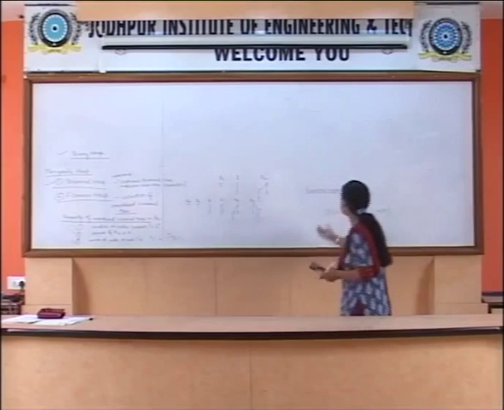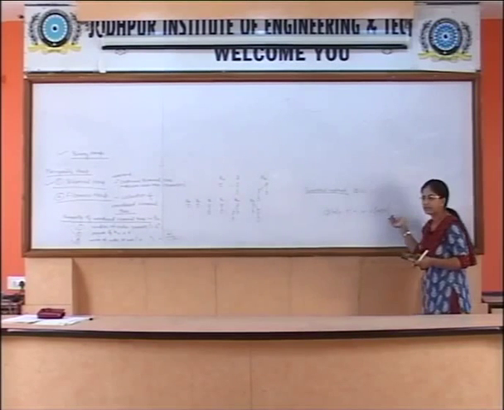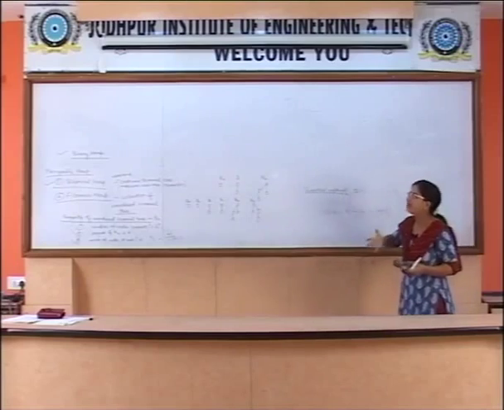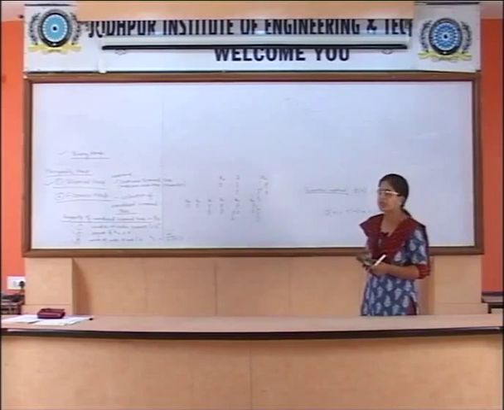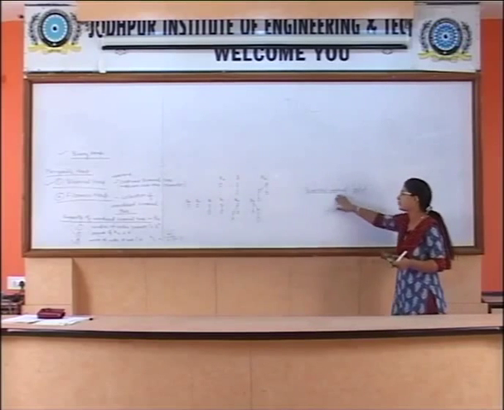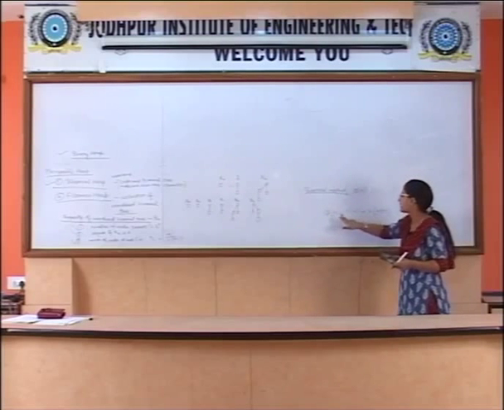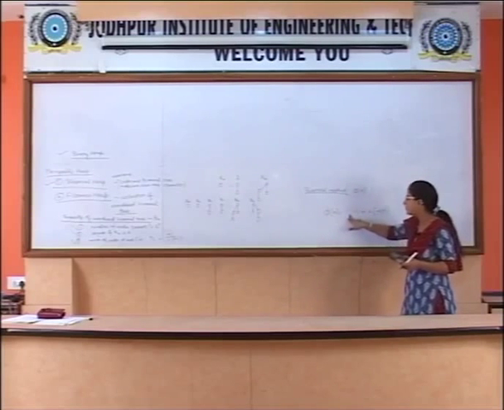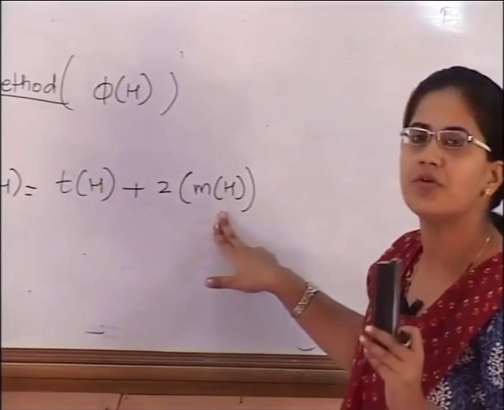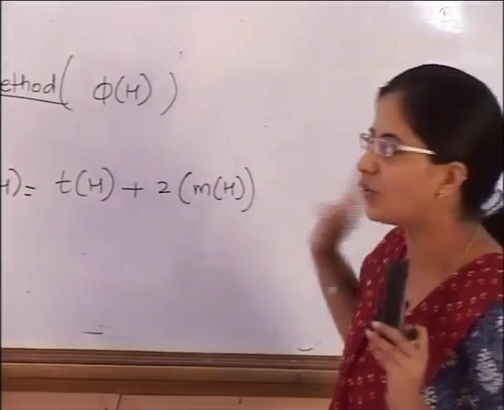I am not going into detail because right now I am discussing the topic of Fibonacci heap. I am just telling you what the potential method is. It is a part of amortized analysis, and this will be calculated for the Fibonacci heap: the number of trees present in the Fibonacci heap plus twice the number of marked nodes present in the Fibonacci heap.